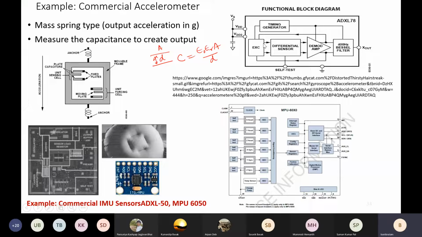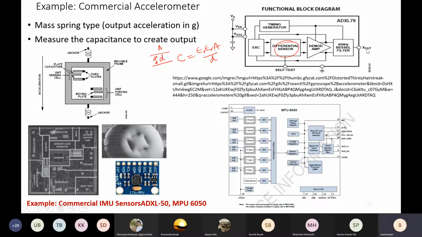If you look at the functional block diagram of this accelerometer, you can see this is the actual sensor, the differential sensor, that is the actual accelerometer. Apart from that, the block includes the excitation signal, the demodulator, the filter, some timing generator circuits, and so on. And from here you get the final electrical output.